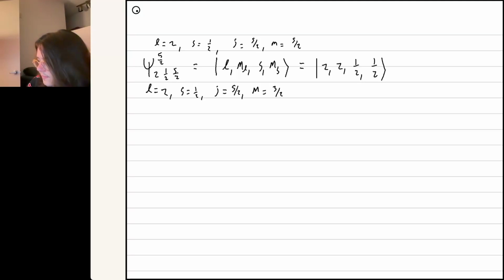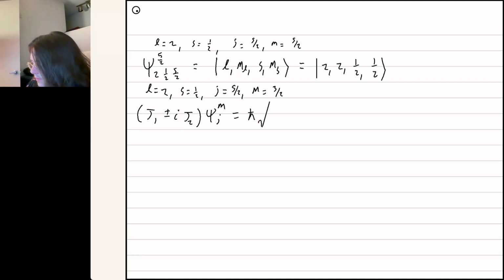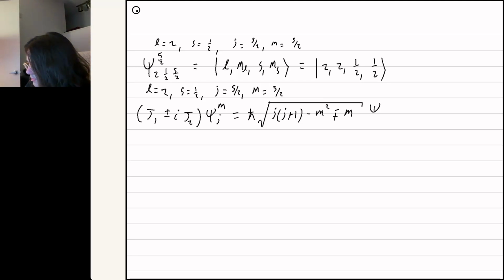That is, if you use J1 plus or minus i J2 times any quantum state psi J M, that will be equal to h bar square root of j plus 1 minus m squared, minus or plus m, under a radical, times quantum state j, m plus or minus 1.